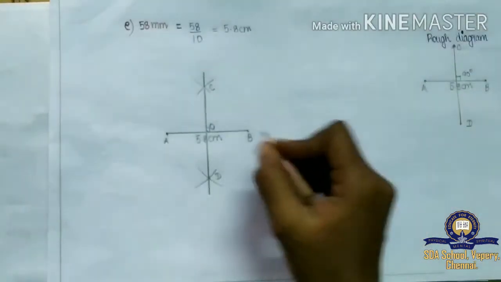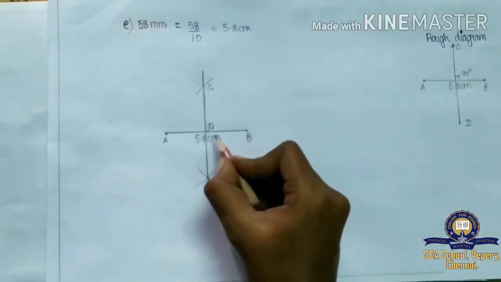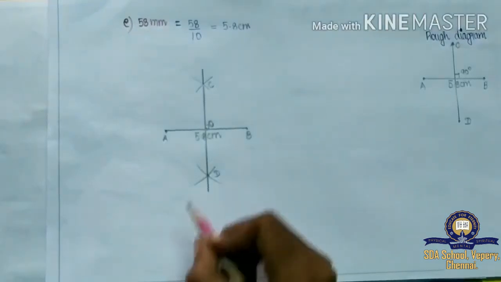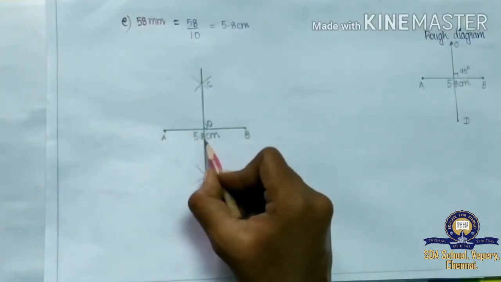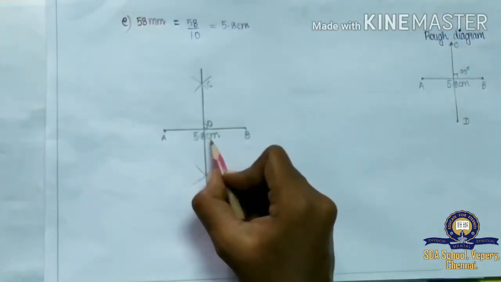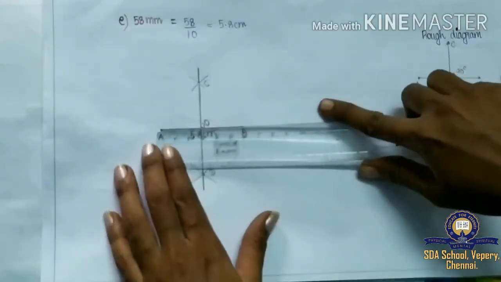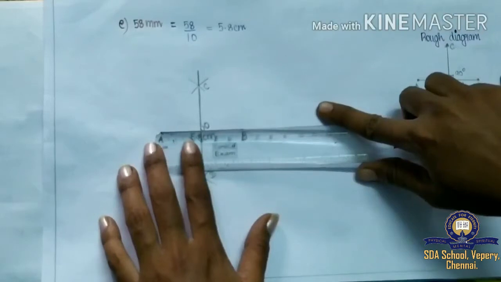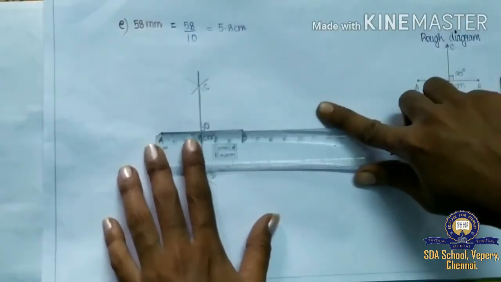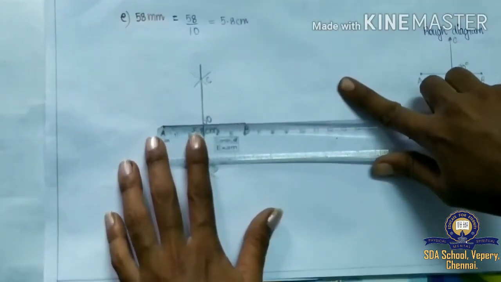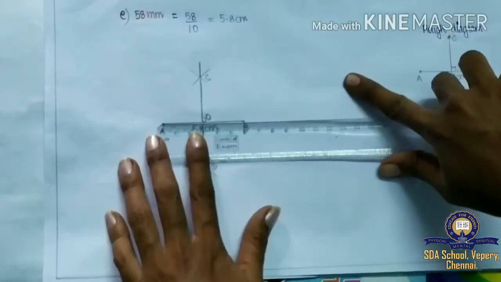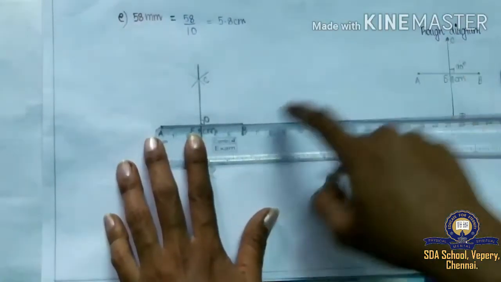Next step, the 5.8 centimeter. Now we are going to check AO is equal to BO. For that, 5.8 divided by 2, we will get 2.9, right? Yes, very good. So check the AO as 2.9. See here, the AO is 2.9 centimeter.